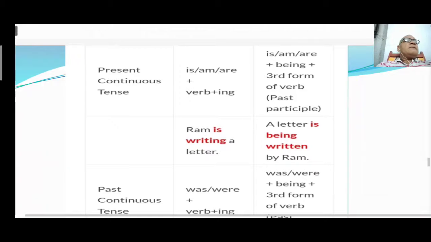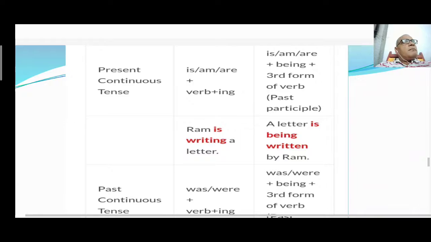When it is changed into passive voice: object plus am, is, are plus being, because when we are writing in passive voice every time the verb should be in past participle. So here the continuity of the verb is missing, so we are using being.